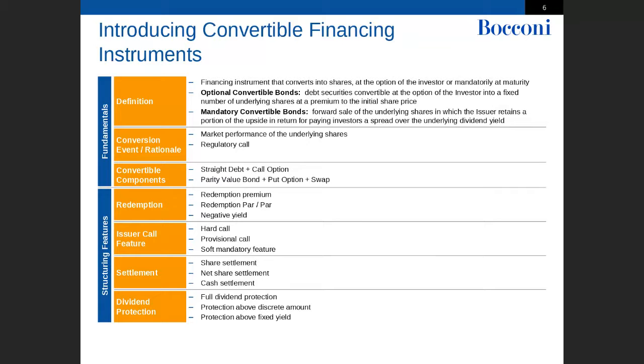While the mandatory is de facto a forward sale of those shares, and you can structure the redemption, the issuer call, the settlement, and dividend protection the way you want, based on discussion with investors.